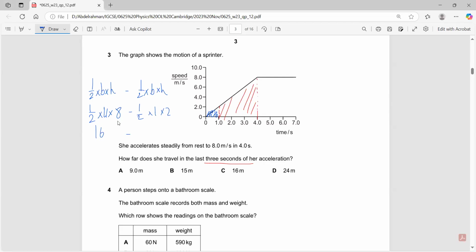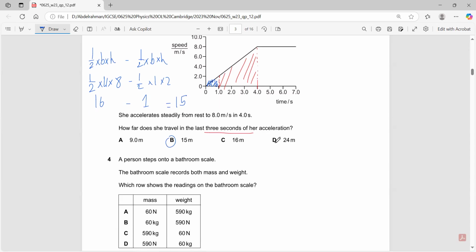And half times 1 times 2 is 1. 16 minus 1 is 15, B, right? So this is the area traveled in the red section, which is the last 3 seconds of her acceleration.